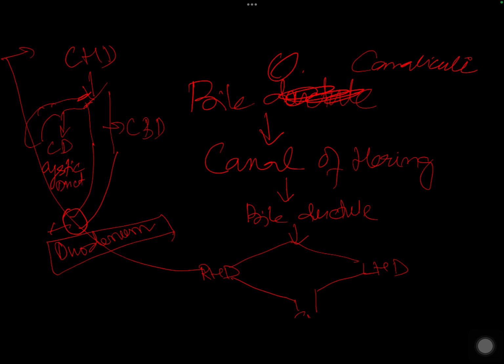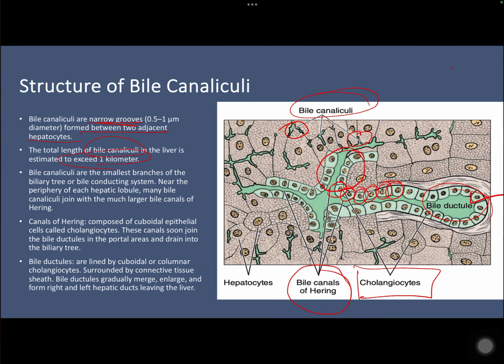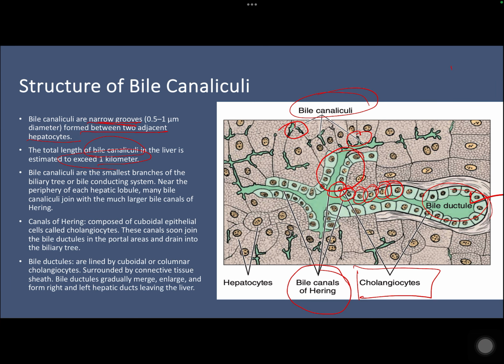Then the cystic duct and common hepatic duct continue as one duct, known as the common bile duct. This common bile duct then opens into the duodenum and releases bile into the duodenum, along with the pancreatic duct. Now, this was the structure of the bile canaliculi.